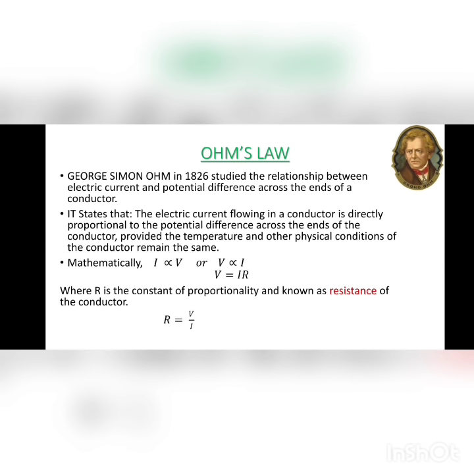Fine. So that's why we always state it as I is directly proportional to V. Don't get confused and don't write V is directly proportional to I, because we are not going to give marks on those statements. Fine. So always write: electric current flowing in a conductor is directly proportional to the potential difference.